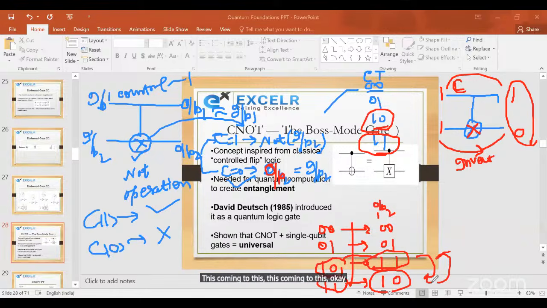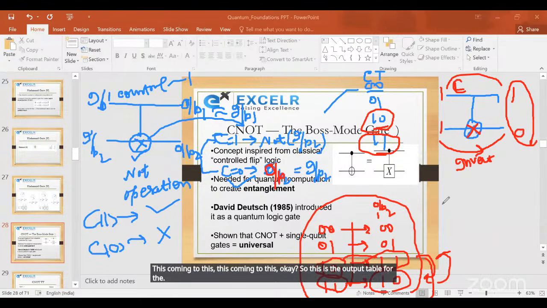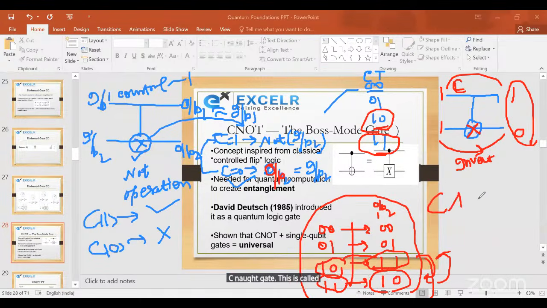Okay. So this is the output, or truth table, for the CNOT gate. This is called the CNOT gate, or we can call it the CT gate also. T is for target, C is for control. So these are the multi-qubit gates.